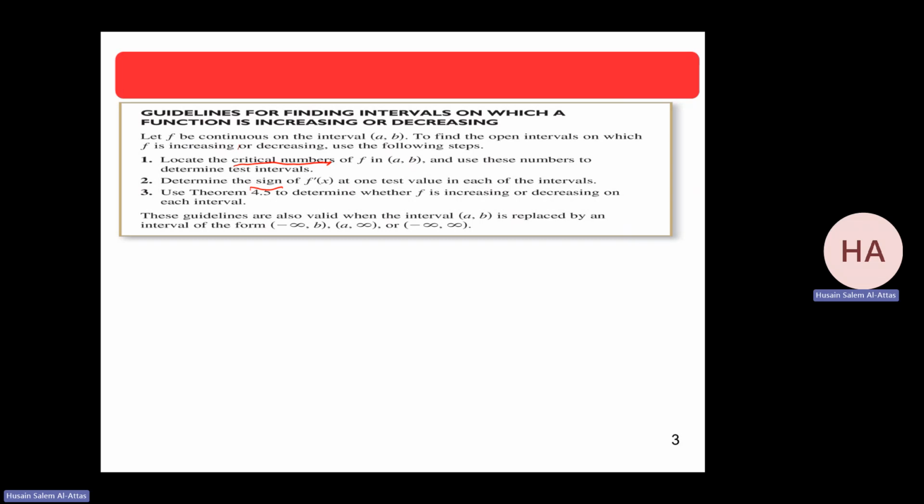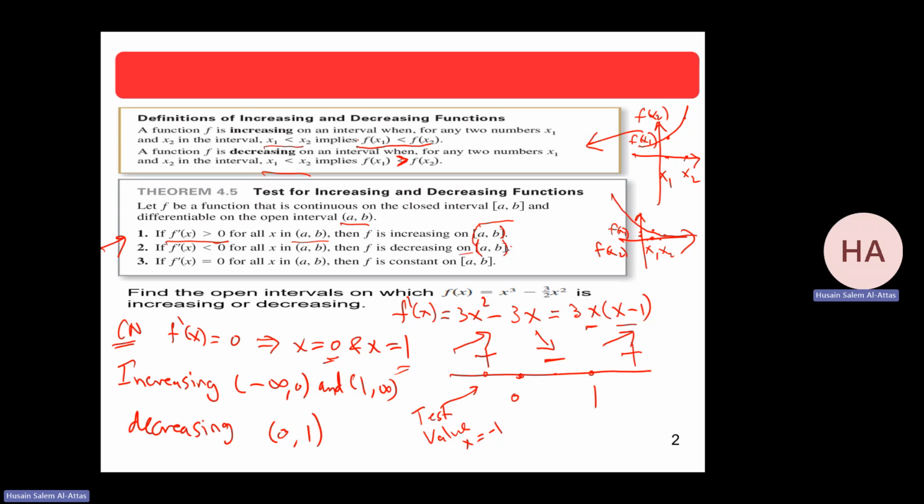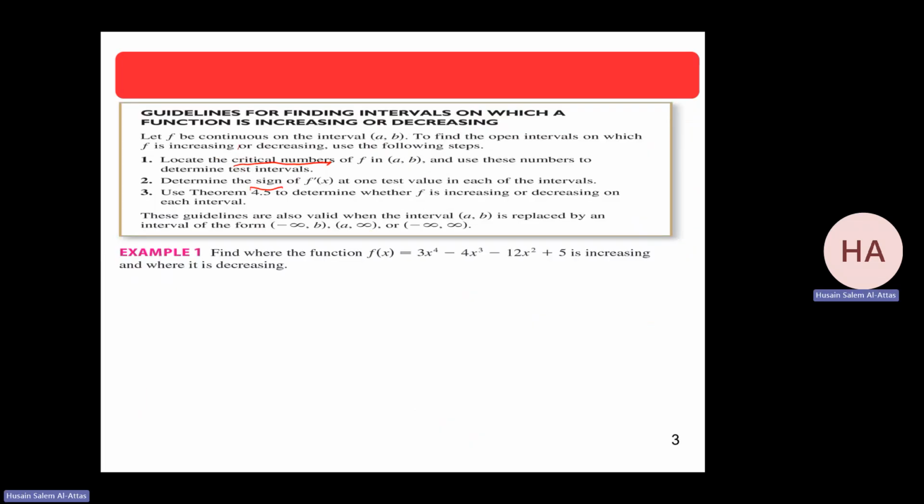According to the critical numbers, we split the number line into different regions or different intervals. Then we find a test value in each interval, and then we use theorem 4.5, which is this theorem, to determine if f is increasing or decreasing.